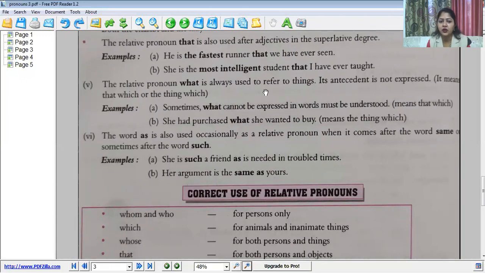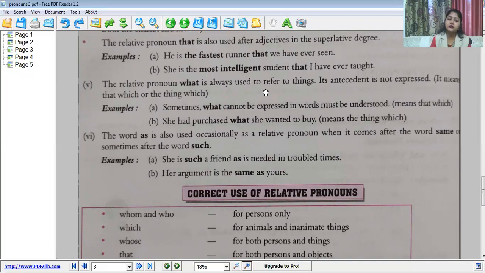Now, she had purchased what she wanted to buy. That means the thing which she wanted to buy. So here you have used what to refer to things.